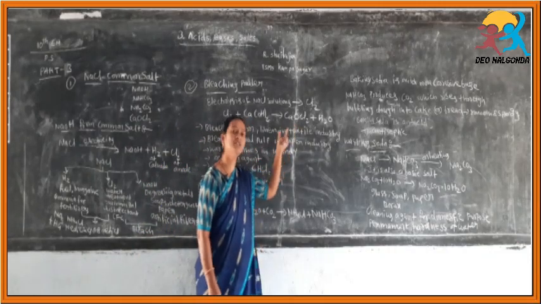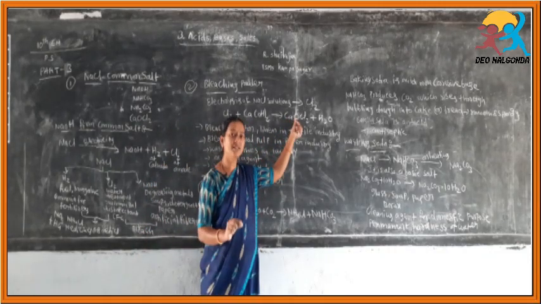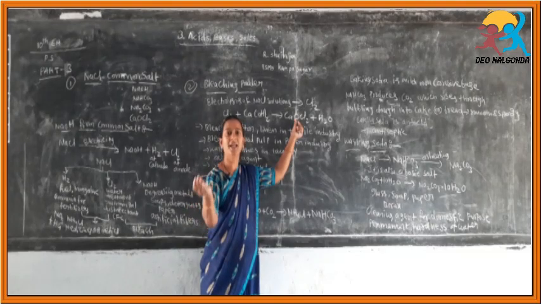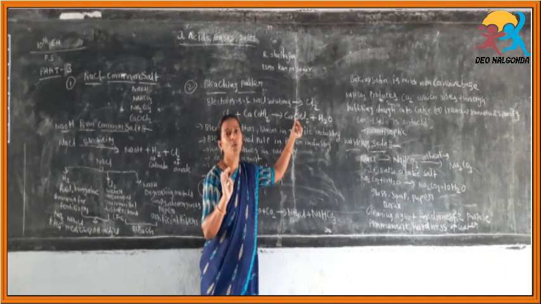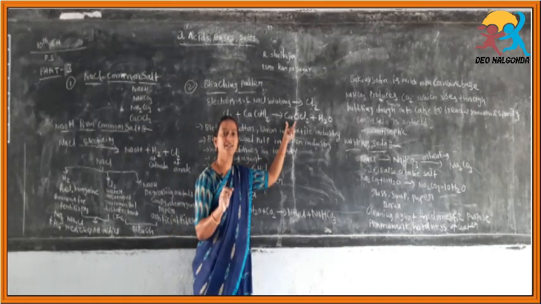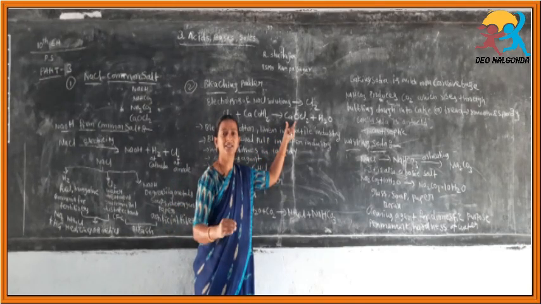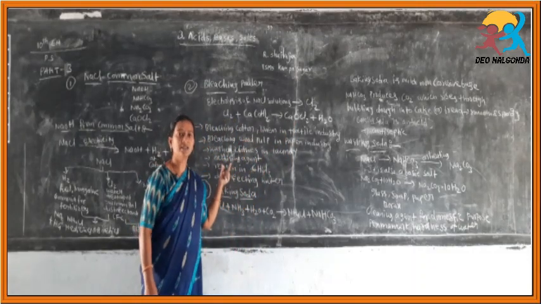Because CaOCl2 has oxygen, and that oxygen is given to other substances so they get oxidized. When a substance needs to undergo oxidation, it requires oxygen. So bleaching powder, CaOCl2, gives oxygen to other substances so they get oxidized. That's why it is called an oxidizing agent.